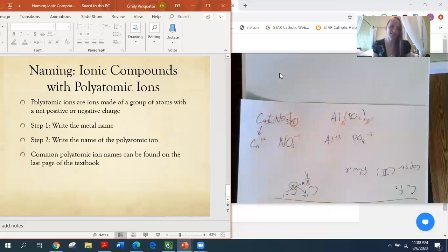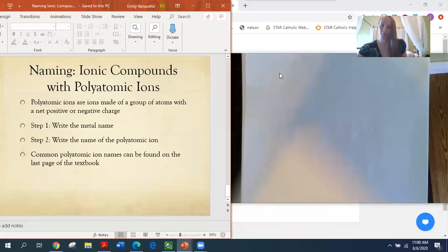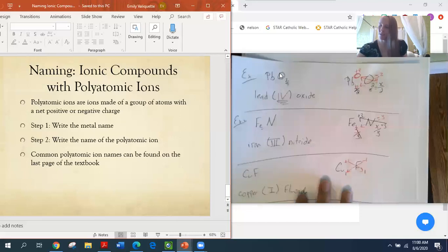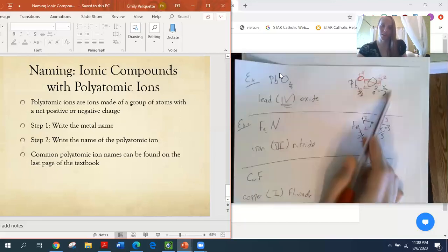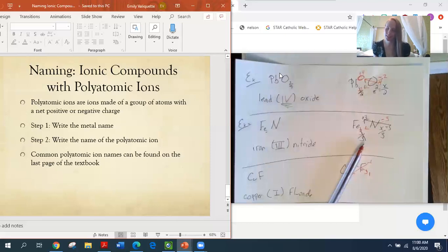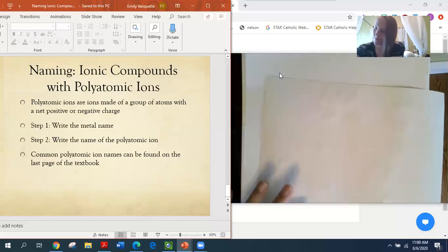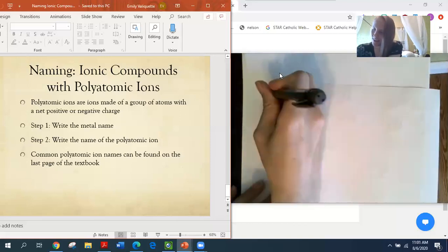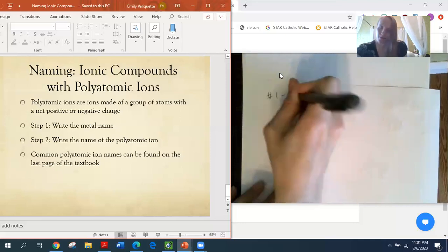Anyway, that's it for today's lesson. The trickiest part of this is probably going to be doing your reverse crossing over to figure out what the charges of your multivalent metals are. So just make sure that you're practicing that. Also, in terms of what elements to memorize, you do need to memorize, and I will write this down for you, essentially all of elements 1 through 20.